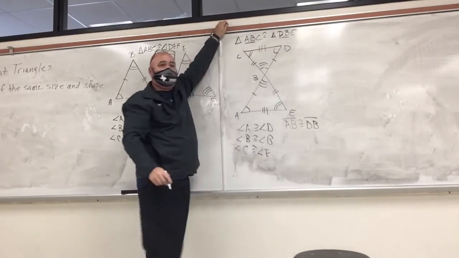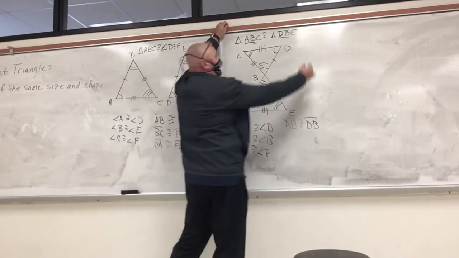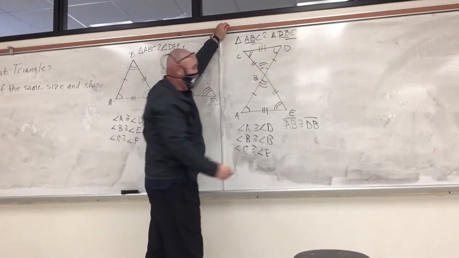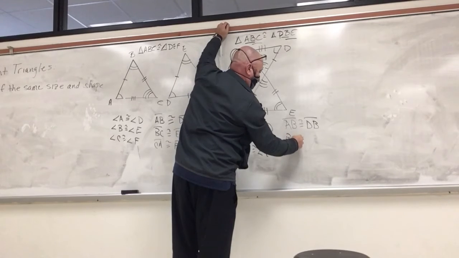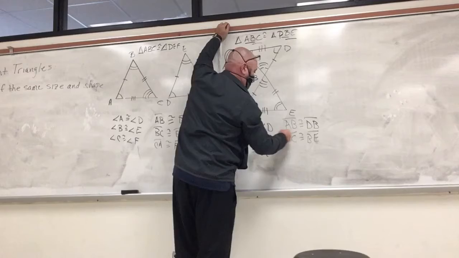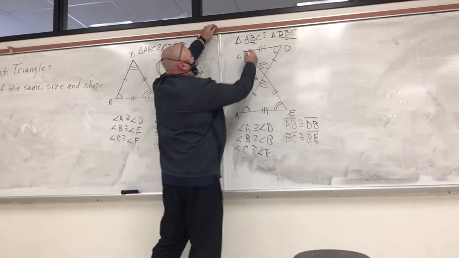All right, ready for the next side? BC is congruent to BE. Okay, here we go.